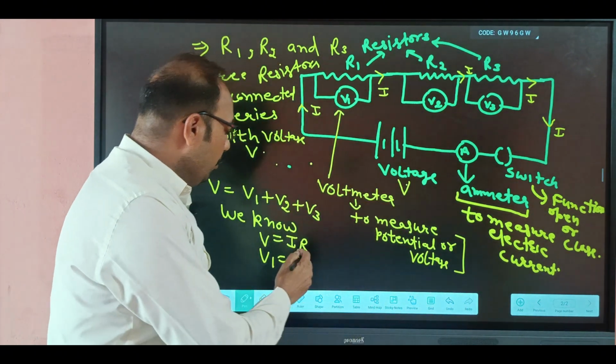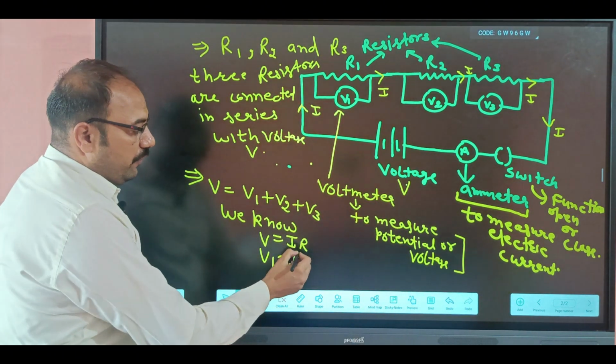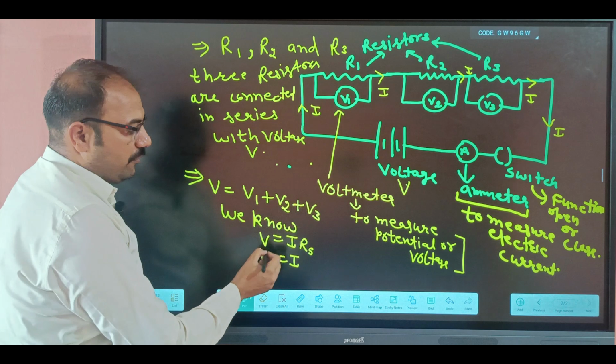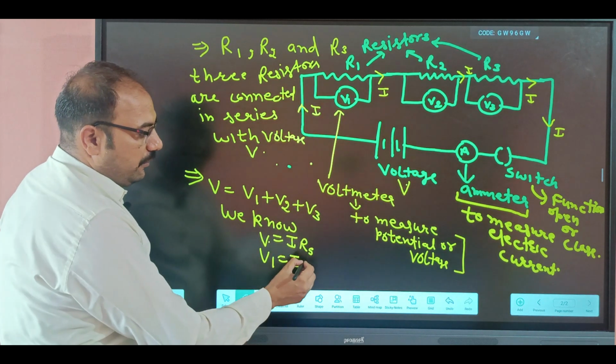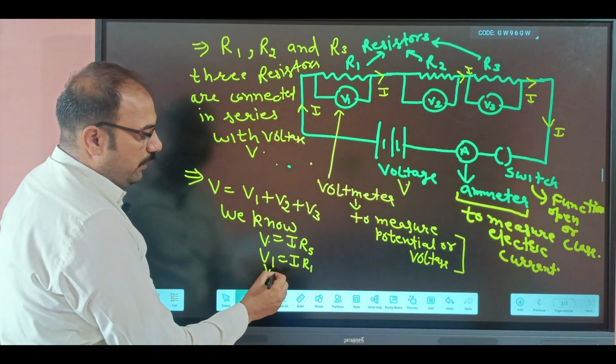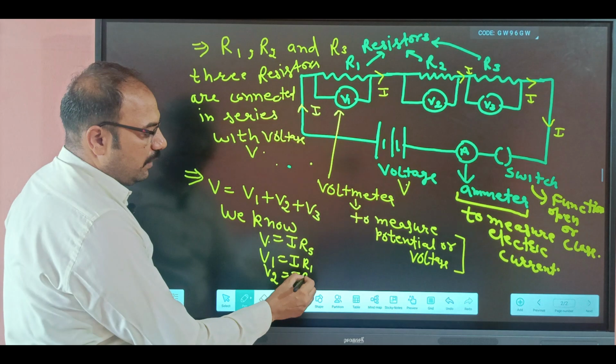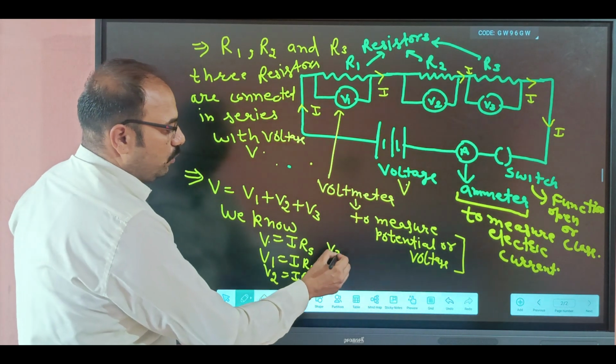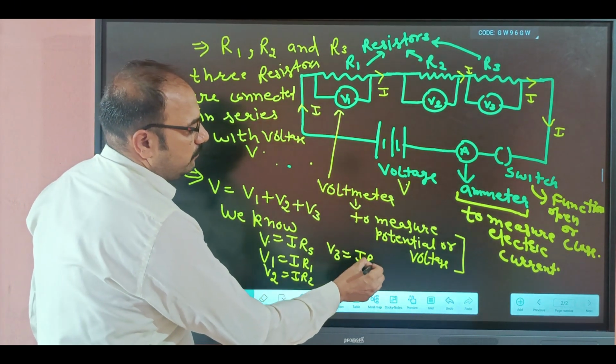So here the total voltage is I times the series resistance RS, and V1 is IR1, V2 is equal to IR2 and V3 is equal to IR3.